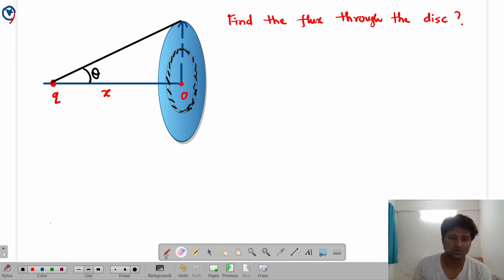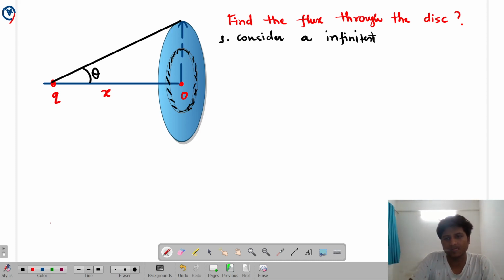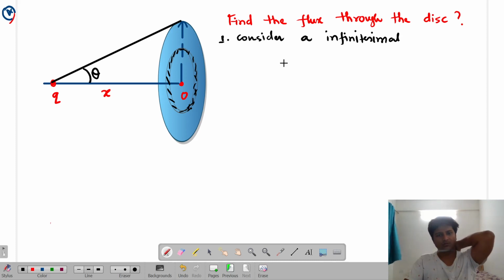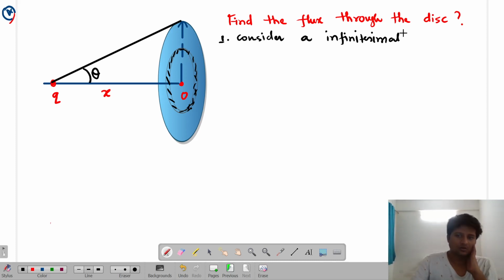So step one means consider an infinitesimal ring. Whenever you get a question of a continuous body, try to reduce it into its smaller form, isn't it? So consider an infinitesimal ring.